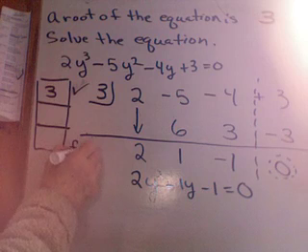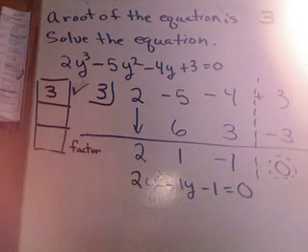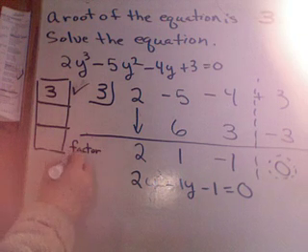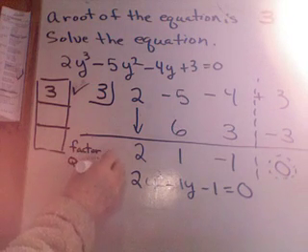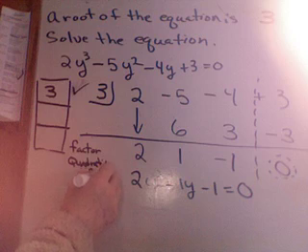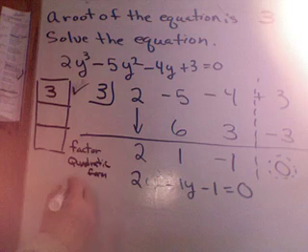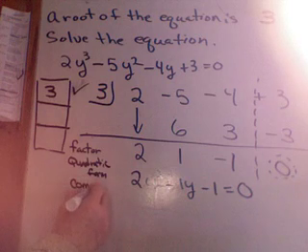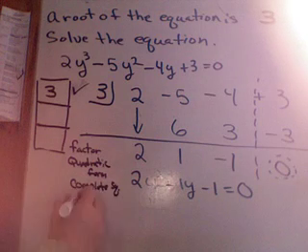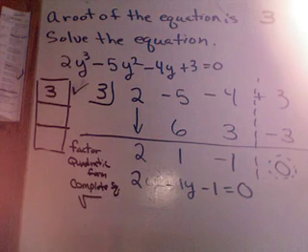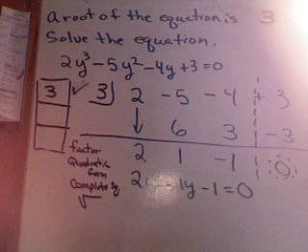One is factor. Not everything factors. If it doesn't factor, I could use quadratic formula. If I don't want to use quadratic formula, I could do complete the square. I could square root both sides. Sometimes if there's not even a variable squared, I can just plain old solve by adding and subtracting.